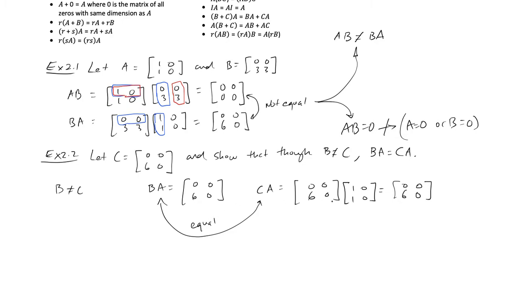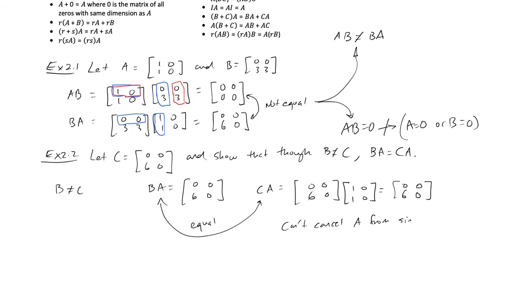So BA equals CA. And this is another strange result. It's actually kind of tied in with these other results. But if you have BA equals CA, it does not follow that B equals C. You can't cancel A from both sides, even though A is not 0. Typically you can't cancel a number if it's 0, but otherwise you can cancel it.